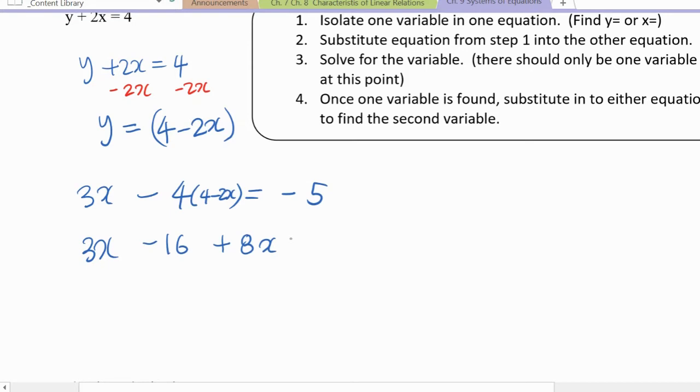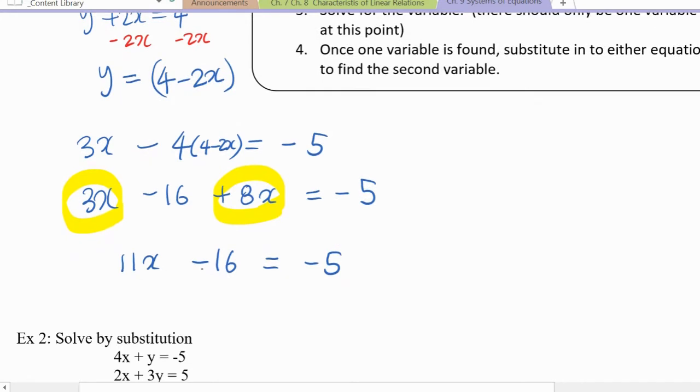So distributed, it equals negative 5. Everyone, what I have to do is collect the like terms. 3x plus 8x is 11x minus 16 equals negative 5. Okay, 11x minus 16. So we're going to find x.